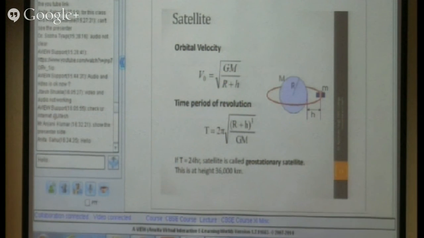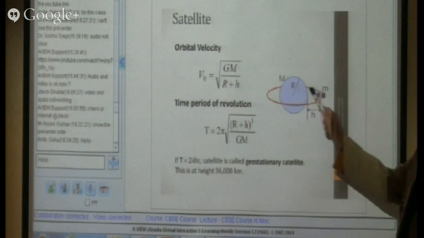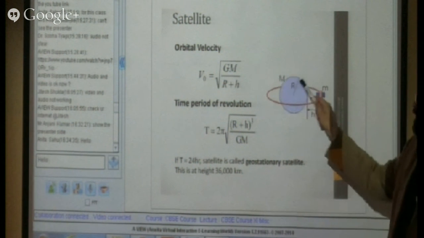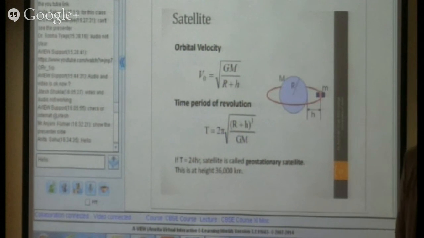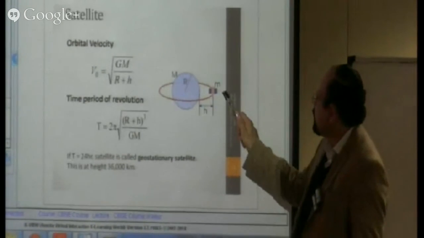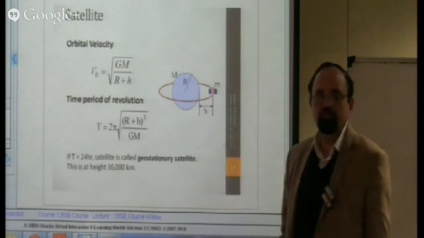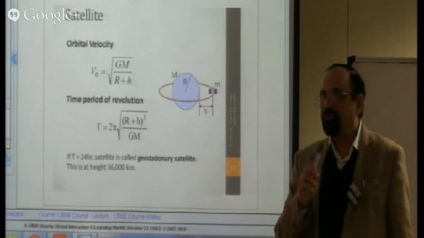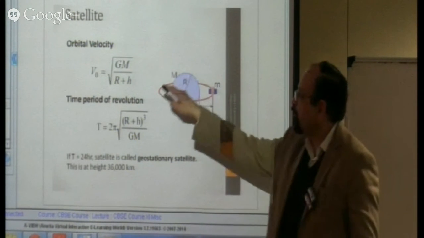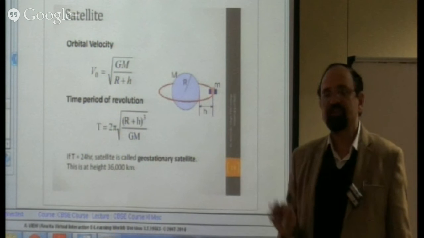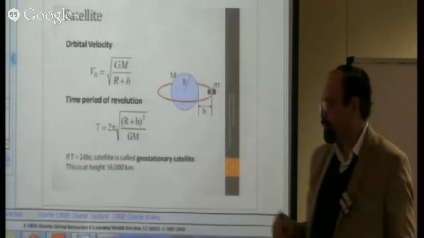If I can make a body revolve around, say, a planet of mass m and radius r in such a way that the centrifugal force is balanced by the gravitational force, I can keep this body revolving, maintaining its distance from the center of the planet. See what I'm saying?